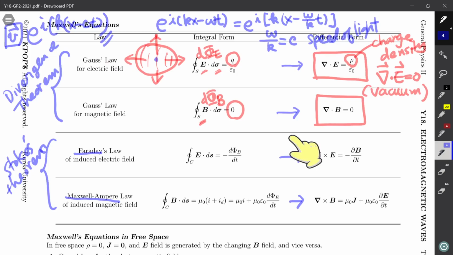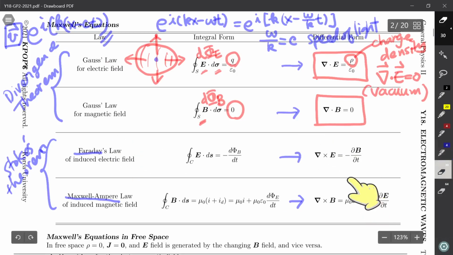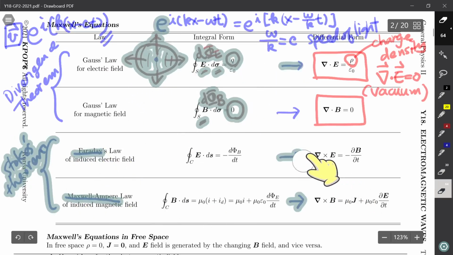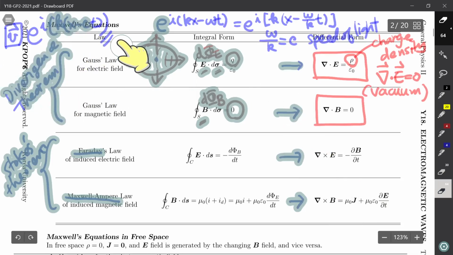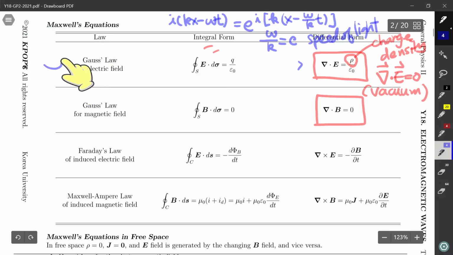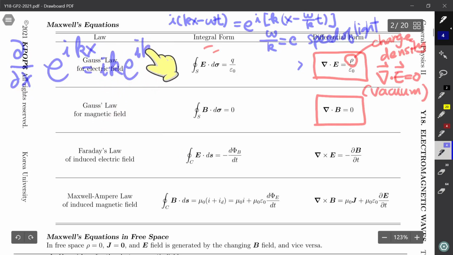If we apply the gradient to an exponential function, for example e to the ikx, the partial derivative with respect to x is just ik e to the ikx.